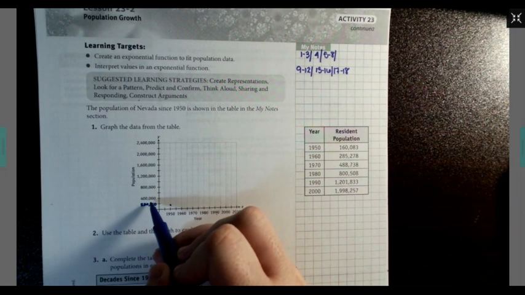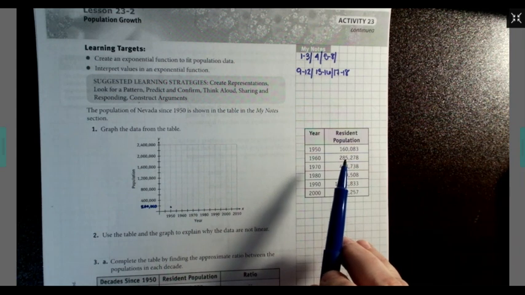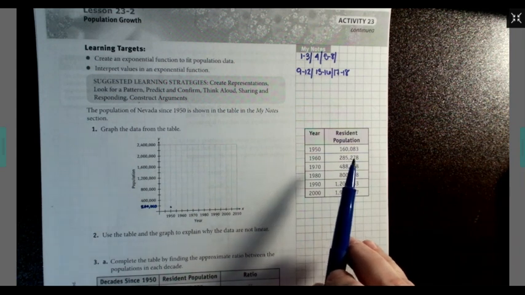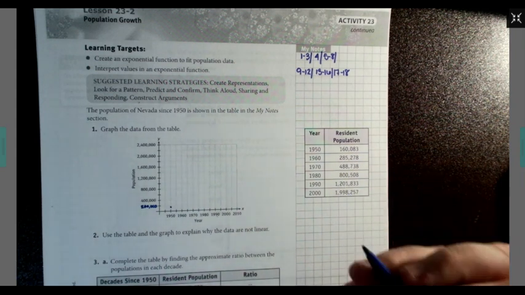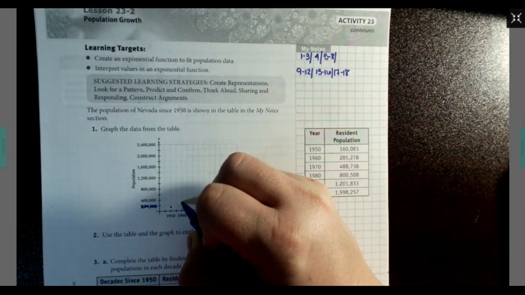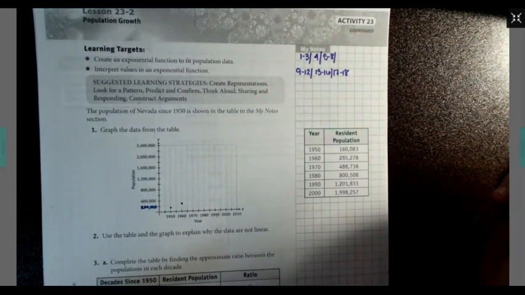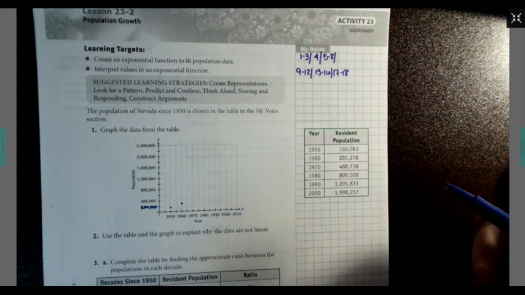Now, recall that if this is 400,000, that means about halfway between would be 300,000. So keep that in mind as we go to graph 1960. 1960 has 285,278 people. So not quite at the halfway mark, because the halfway mark would be 300,000.